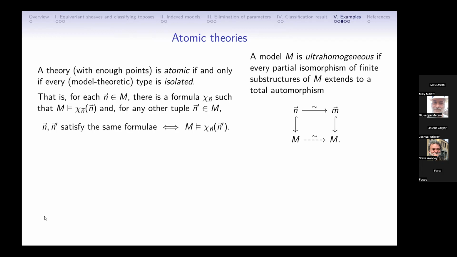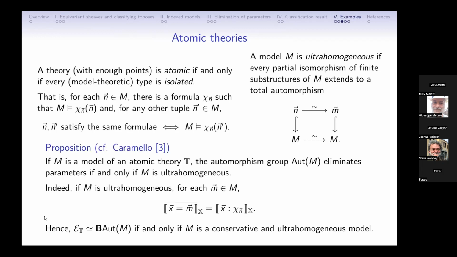An ultra-homogeneous model is one in which every partial isomorphism of finite substructures of our model extends to a total automorphism of our model. And then we can confirm the result of Caramello, which is that for a model of an atomic theory, its automorphism group eliminates parameters if and only if that model is ultra-homogeneous.